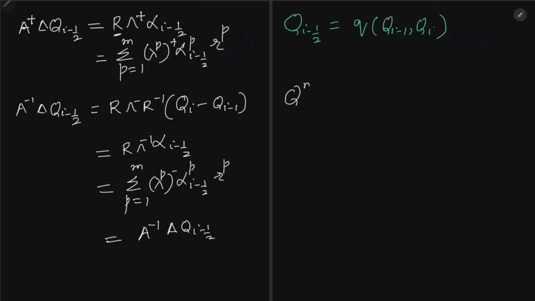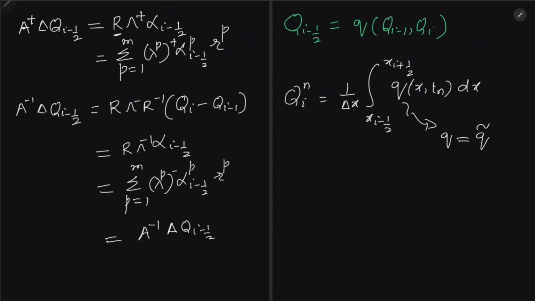From the average formula, we had q n equal to 1 over delta x, integral from x i minus 1 half to x i plus 1 half of q x t dx. So we saw that if we could write this q as a constant, a static value, then we have Godunov's method.